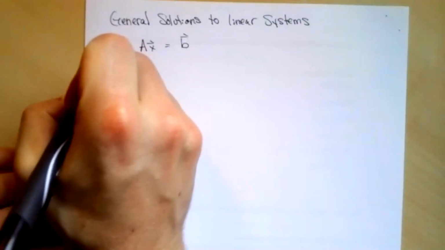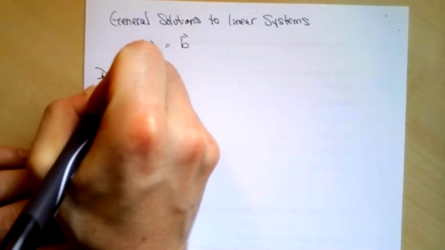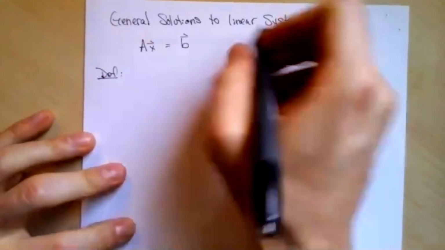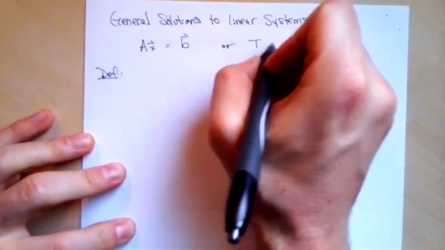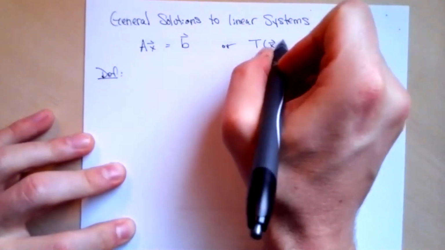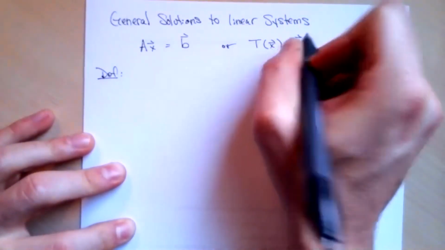So just some basic definitions. I guess we can write this for, or T of x equal to B.